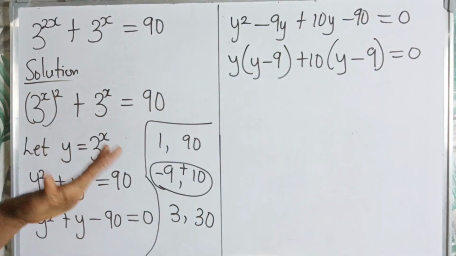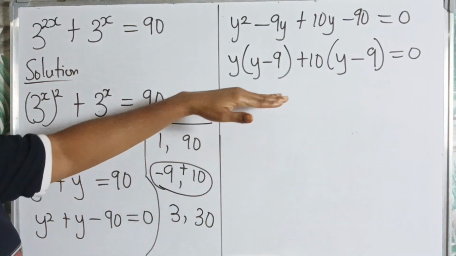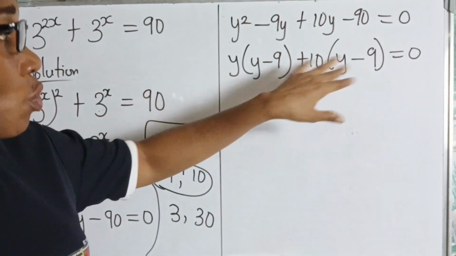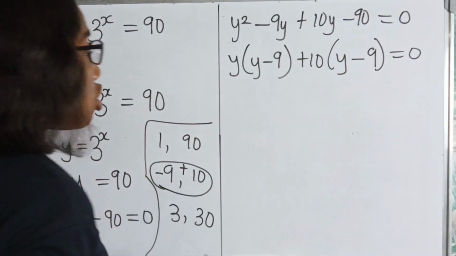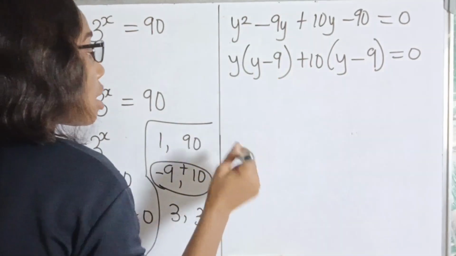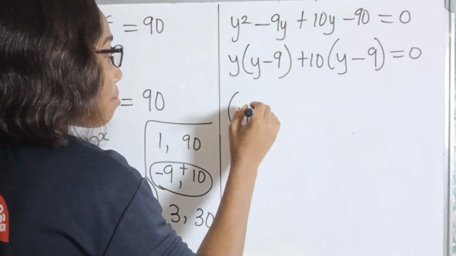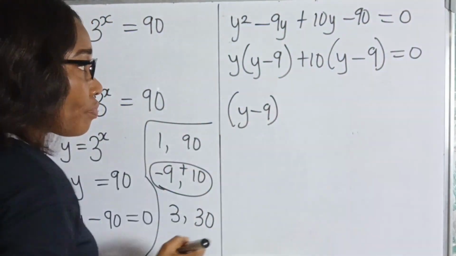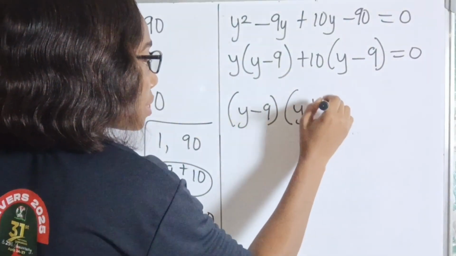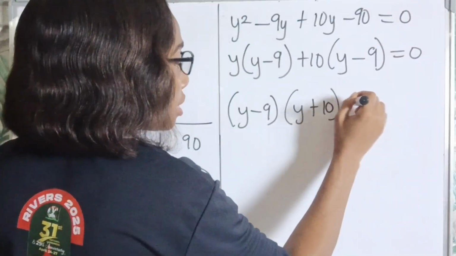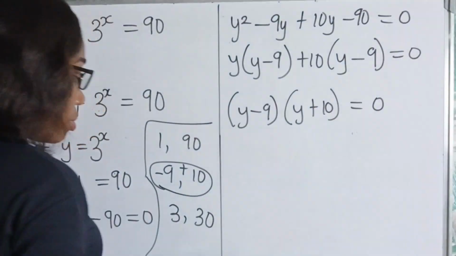Now, when you solve your quadratic equation and you discover that what you have in this bracket is the same thing with what you have in this bracket, you are on the right track. So let's continue. I'll pick one of these. So I'm going to have y minus 9 into y plus 10 equal to 0.